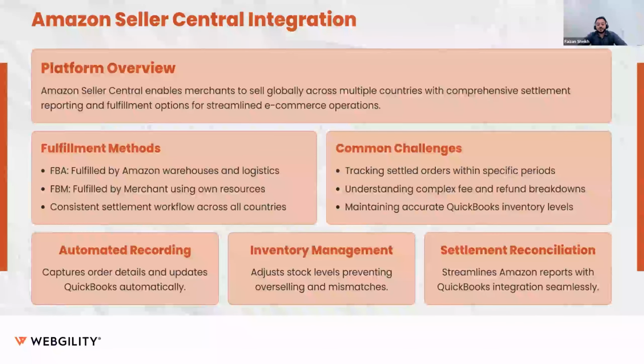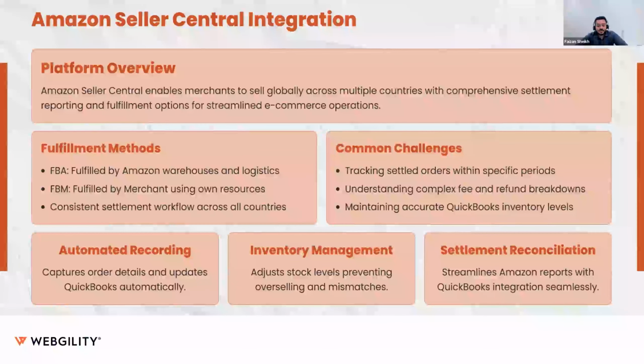Now, the challenge for most merchants is that while Amazon provides these reports, it can be difficult to clearly track, for example, how many orders were settled in a given period, the exact breakdown of fees, refunds, and charges, and most importantly, keeping track of QuickBooks inventory accurately to avoid overselling products and mismatched quantities.